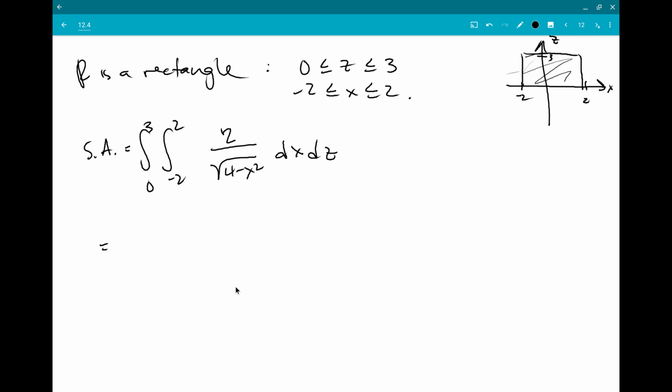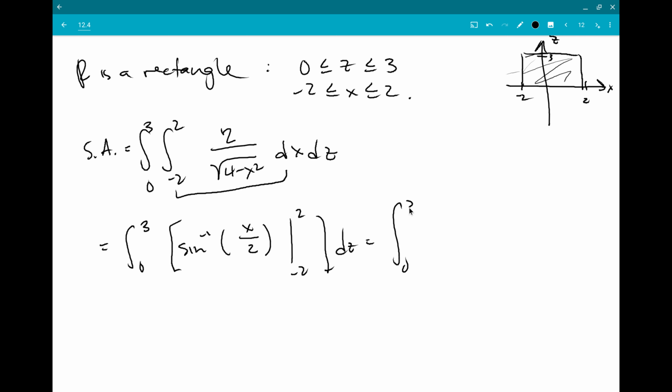I would have to remember a trig rule here to take my first integral with respect to x. It's going to be an inverse sine of x over 2, I think. Yeah, let's go with it. Inverse sine of x over 2, where x goes from negative 2 to 2.